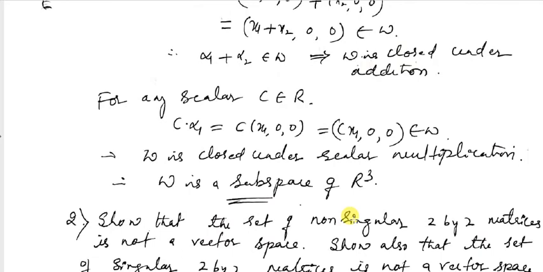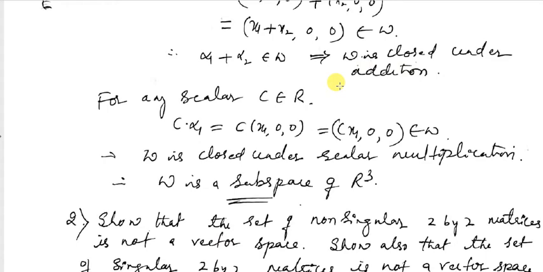For any scalar c belonging to R, c into alpha 1 is equal to c into (x1, 0, 0). Taking the c inside, it multiplies each element, giving (c x1, 0, 0), which belongs to W. So W verifies the two conditions of the subspace.